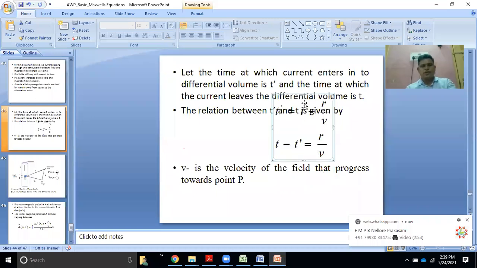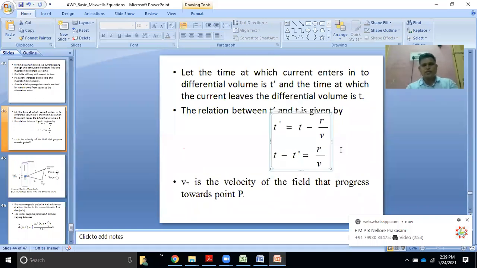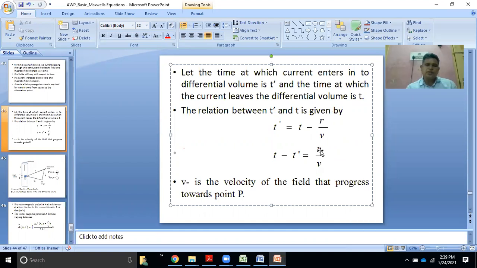Here, R is the distance from the observation point to the source, and V is the velocity of electromagnetic waves.